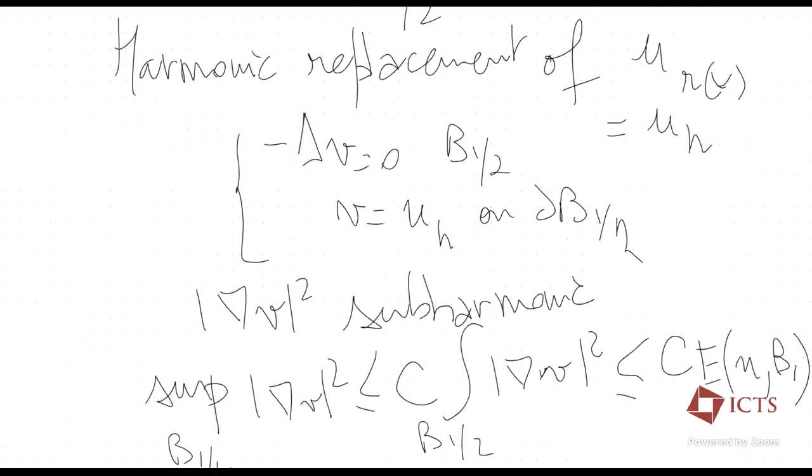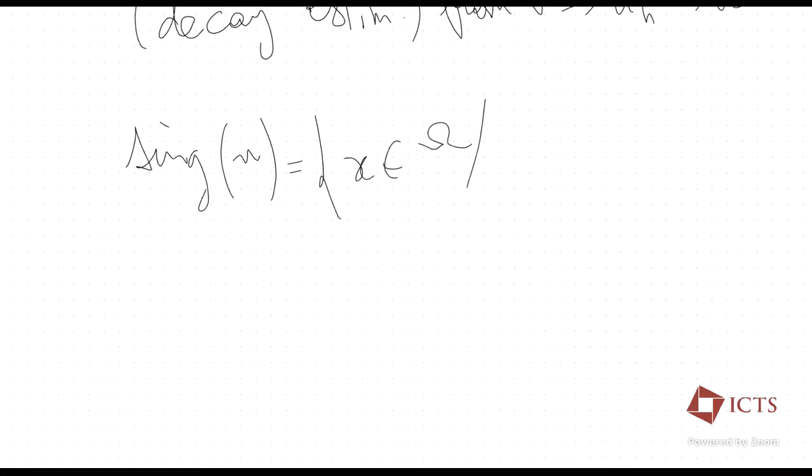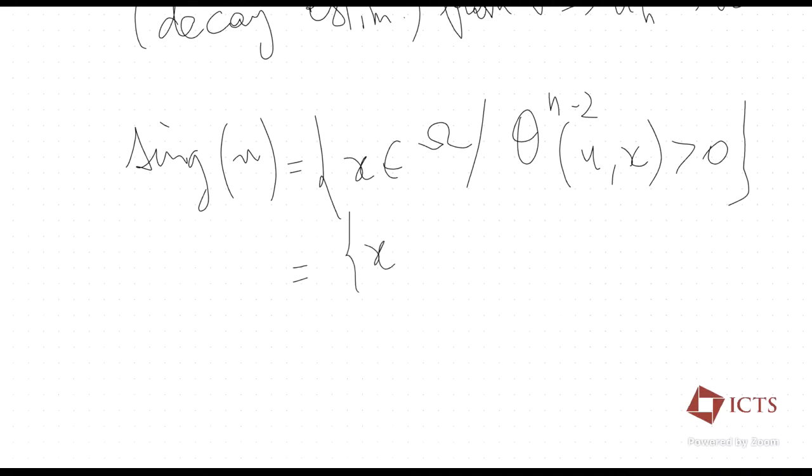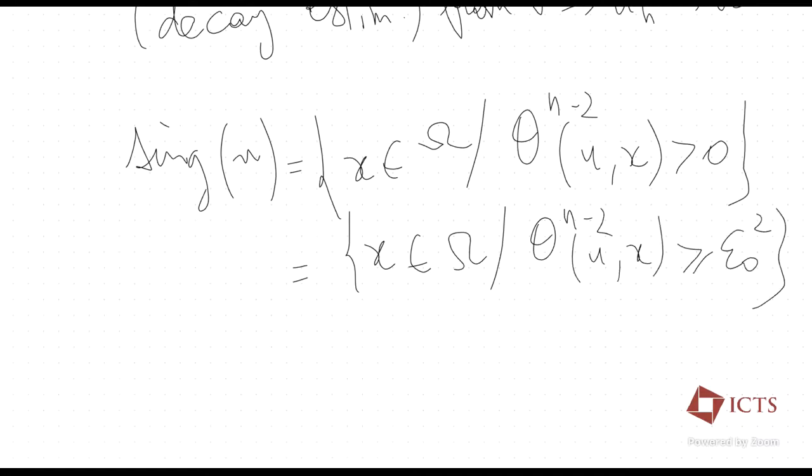This last statement, by just some sort of covering argument, you can prove that the singular set of the map is the set where the density is positive, and actually this is a set where the density is bigger than epsilon squared, right? This is my epsilon regularity.